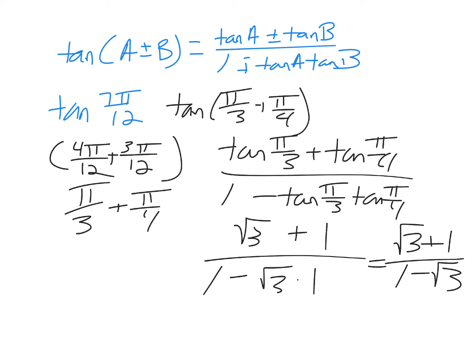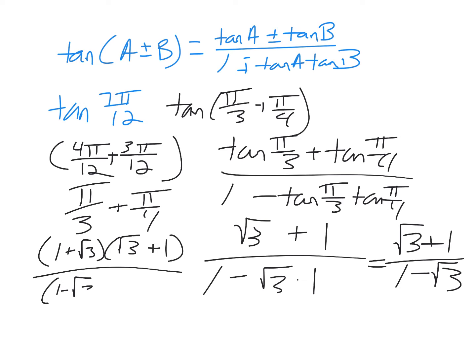Now, of course, we need to rationalize, so we're going to multiply the top and the bottom by the complex conjugate of the denominator. So multiply the top and bottom by 1 plus root 3. And FOIL the denominator, that's going to get us 1 minus 3, which is going to be negative 2.